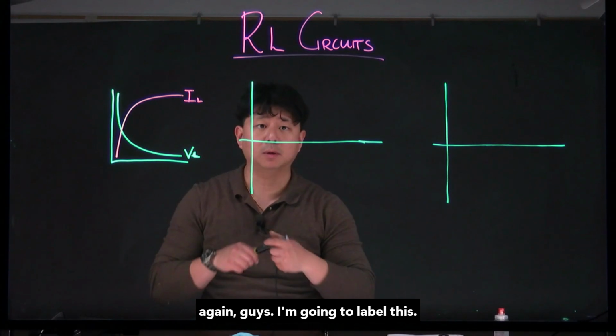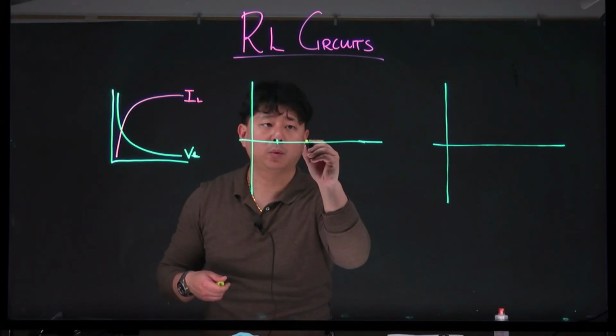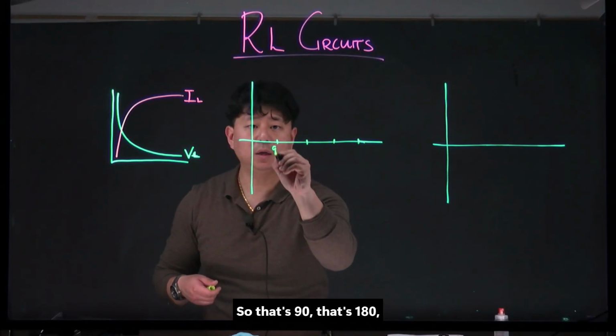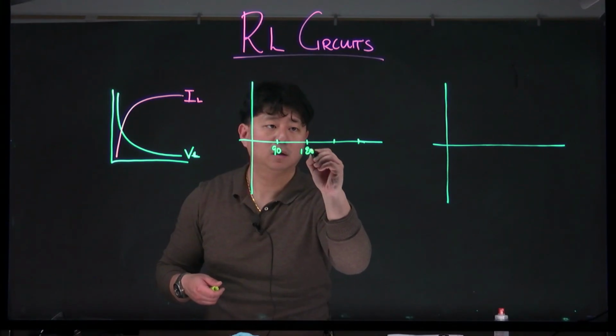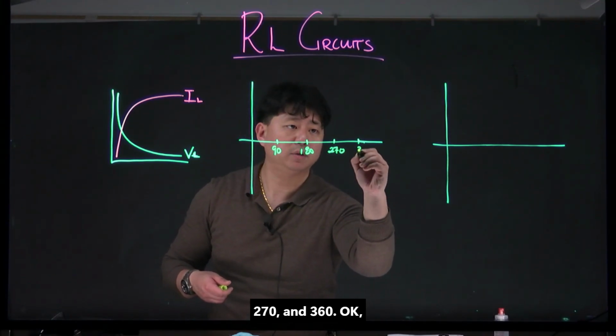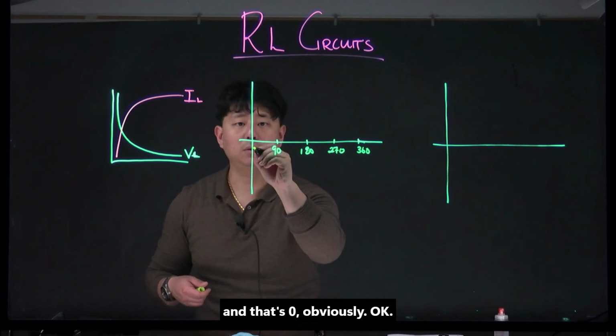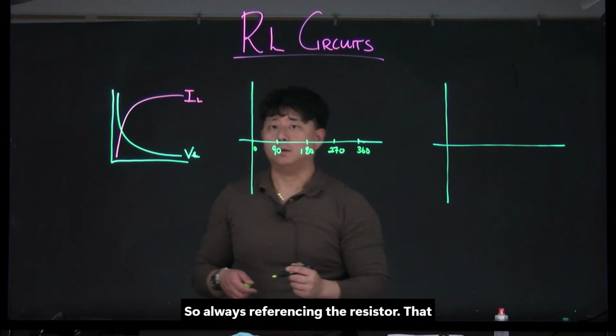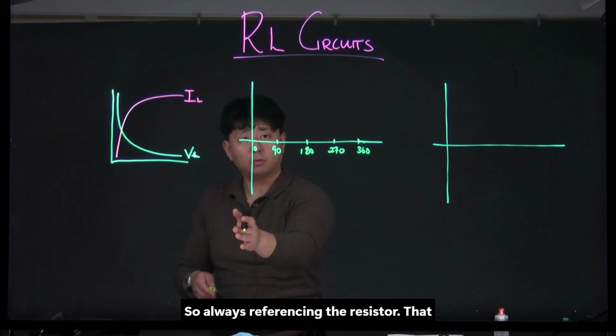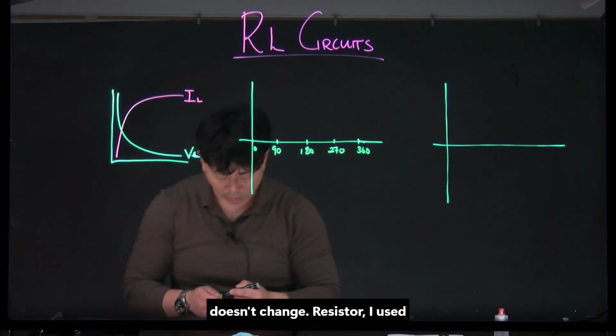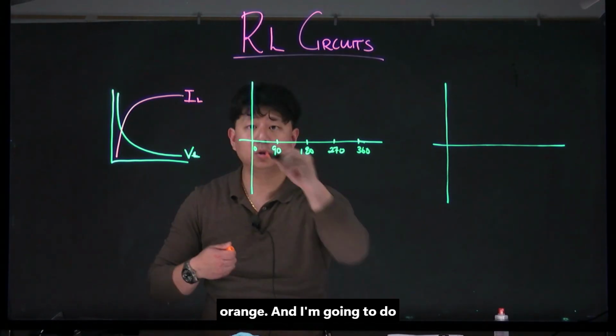Same thing again, guys. I'm going to label this. So that's 90, that's 180, 270, and 360. And that's 0, obviously. Always referencing the resistor, that doesn't change. For the resistor, I used orange.